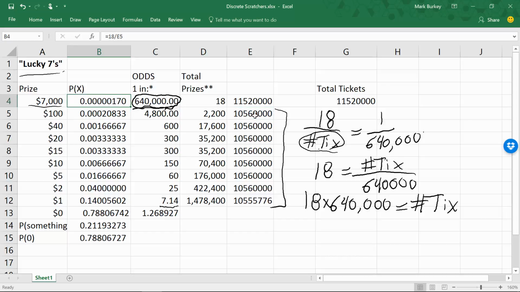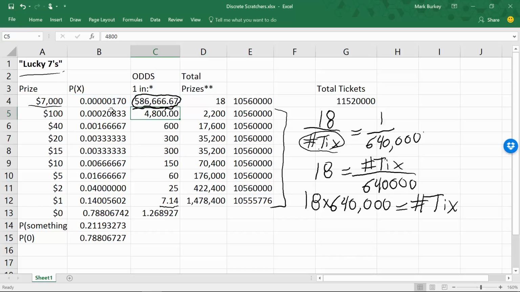That's actually the correct number for the probability, and therefore the odds are going to be equals 1 divided by the probability.